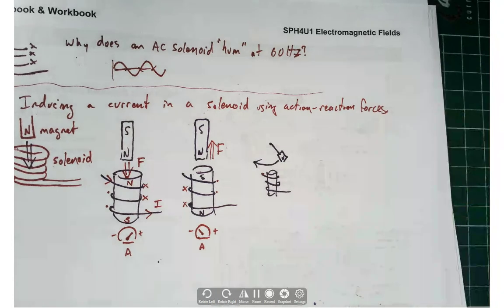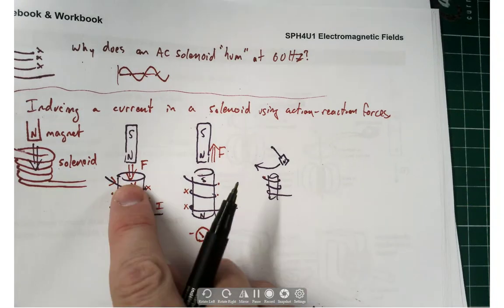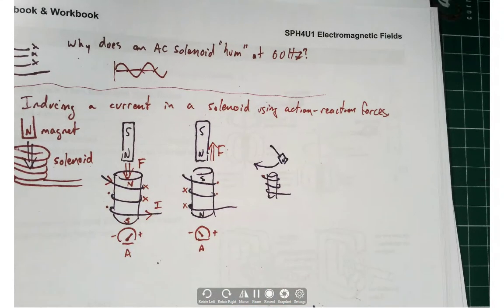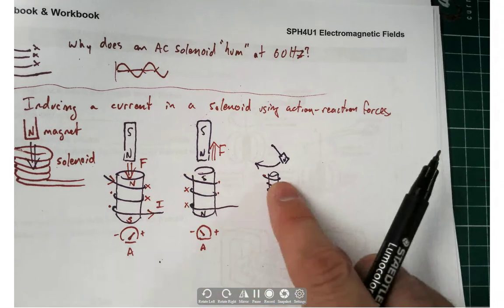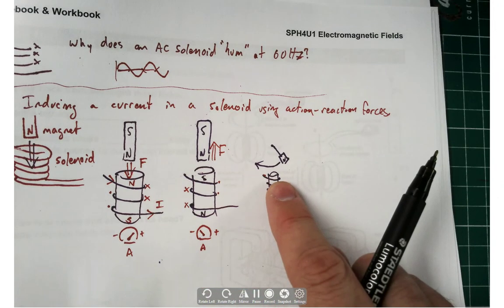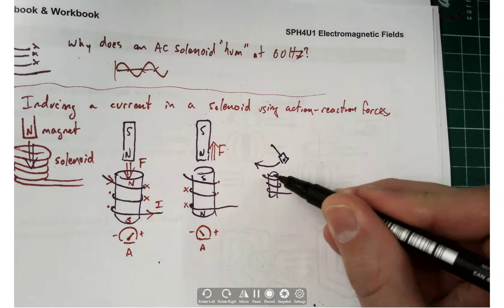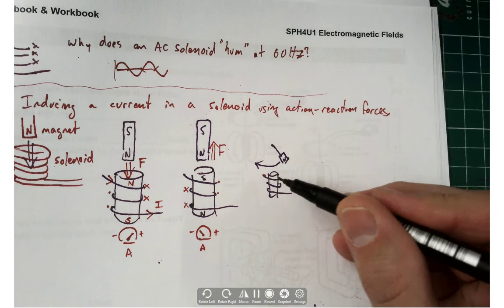You don't actually have to shove the magnet in, as it turns out. All you have to do is let the north approach, because it's the change of the magnetic field that causes this to happen. So if I let the magnet approach but not go in, it works as well. Maybe not as intensely, but it does work, right? Now, the nice thing about just putting it on a pendulum is if I don't have to shove my north in and out, would you believe there's less wear and tear? Less chance of rubbing on the hollow core.